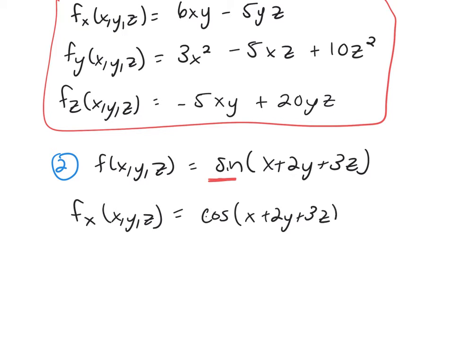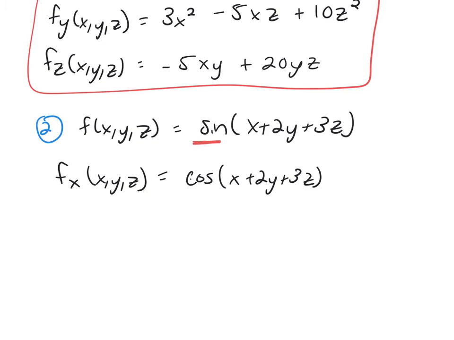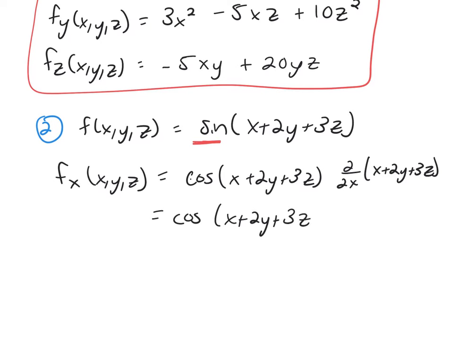And then you're going to multiply by the derivative of the inside with respect to x. Well, the derivative of x is 1, and then there's no x in the other two terms, so I'm just getting 1 here for the partial derivative.